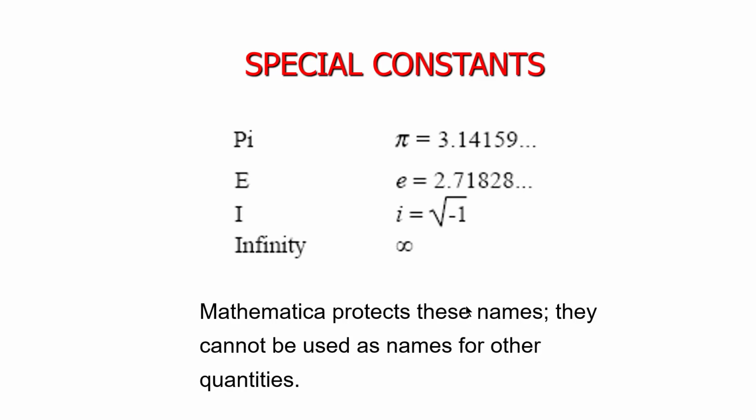Similarly, capital I is for iota, which is an imaginary number. Similarly, infinity: if you write capital I and then N-F-I-N-I-T-Y, it is understood by Mathematica as infinity. Remember, do not use these special constants as variables in your code.